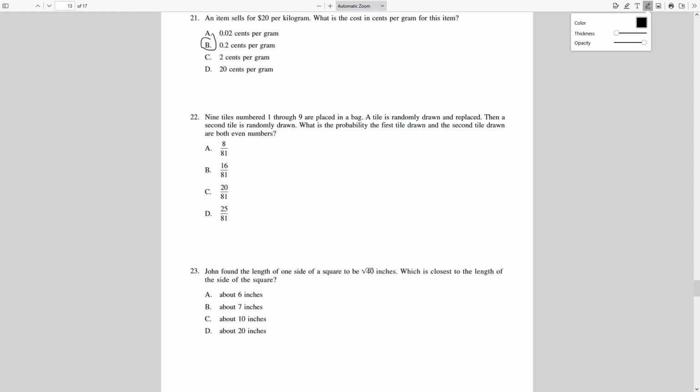So 1, 3, 5, 7, 9: 5 odd numbers and 4 even numbers. So there's a 4 out of 9 chance, and then another 4 out of 9 chance. The answer is A.